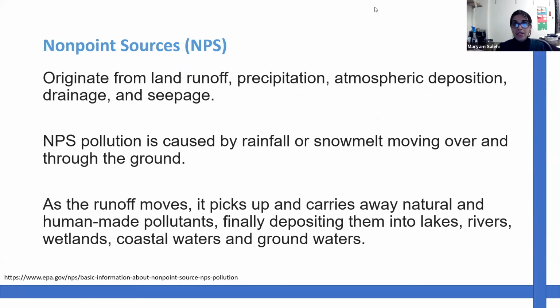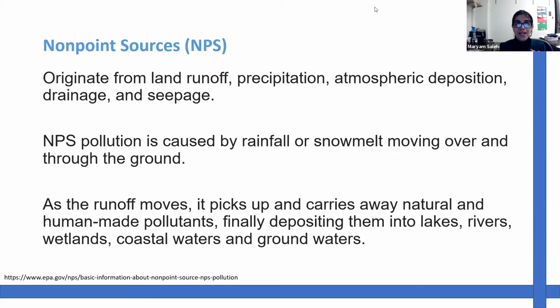So when we have rainwater, for example, across the street or road, it washes the pollutants off the street or the parking lot, and it generates non-point source pollution. Some of this water goes directly to the river or lake, and some goes through the storm drain and is directly dumped into the freshwater streams.